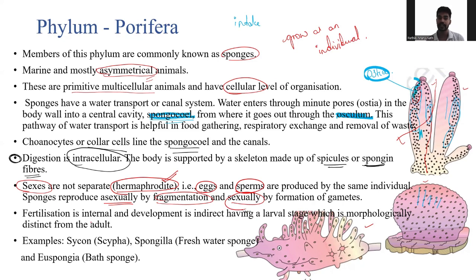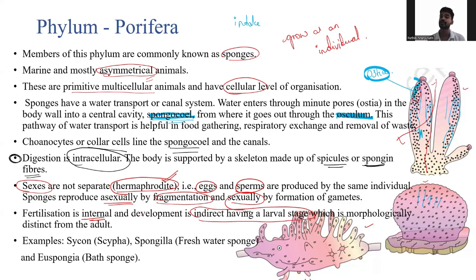So fertilization is internal and the development is indirect, having larval stages. Since both male as well as female characters are shown by the same parent, fertilization will also be internal.